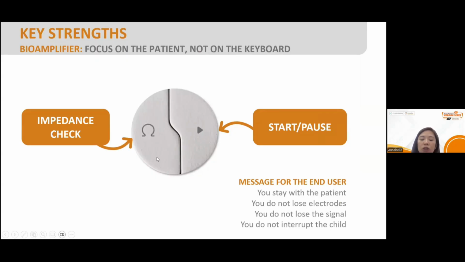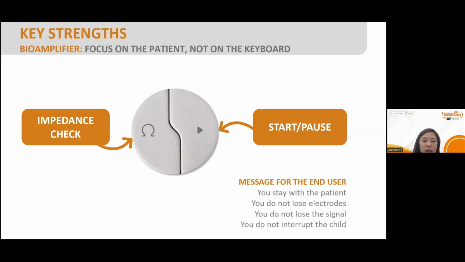You stay with the patient and you do not lose the electrodes. Just like checking in the middle of the test, you can check the impedance and then pause the test. You won't have to stop in the middle of the test to check the impedance and then go back to start the test all over again.